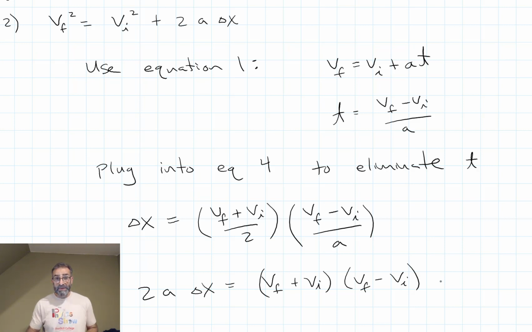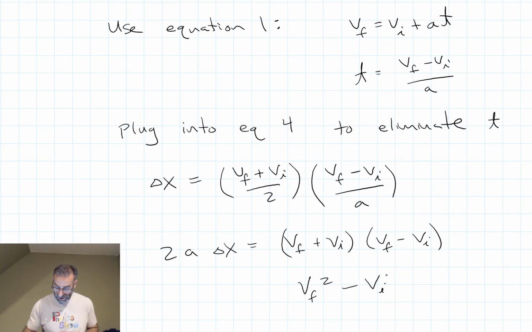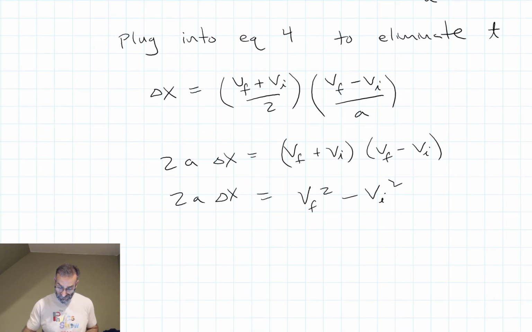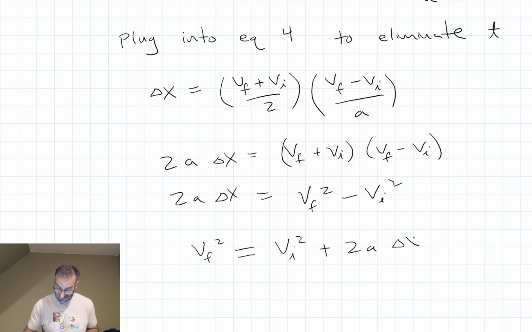We'll multiply through these parentheses to get rid of them, and we get v final squared minus v initial squared on the right side of the equation. And we can rearrange this to give us which is what we had earlier.